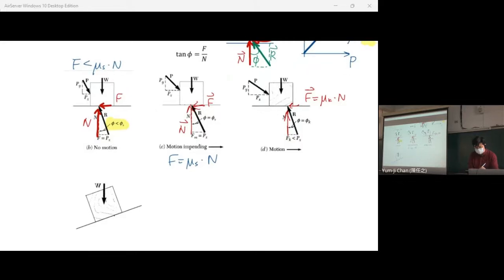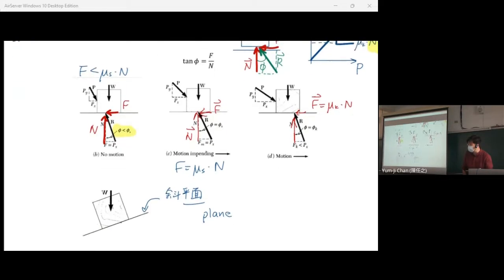So assume we have a block here, weight W, and it lies on an inclined plane. In Chinese, of course, we say this is 斜平面. How do we call this in English in problem 8.1 on the last page?